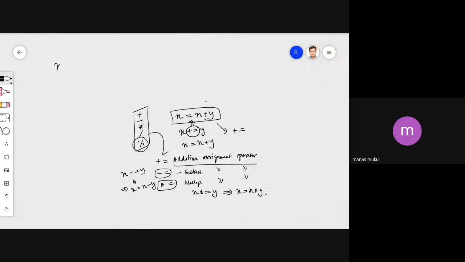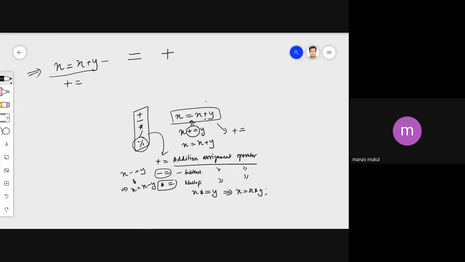So if you have an expression like x is equal to x plus y, we have two different operators here. One is the assignment operator, and the other one is the addition arithmetic operator. Now, rather than writing it in this form, the C programming language gives you another operator which represents this expression, called the addition assignment operator, and it is denoted by this.